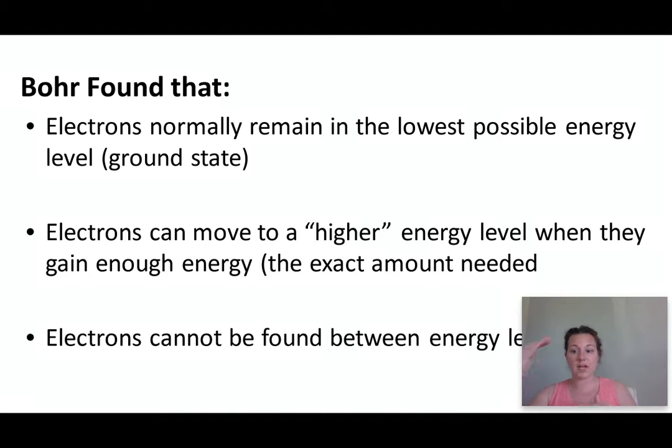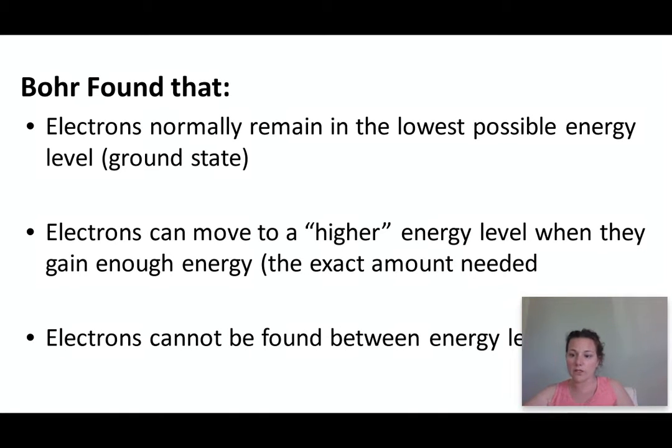They can't jump up and have just not quite enough energy. They have to have the exact amount of energy to get moved into the next energy level. And electrons cannot be found between energy levels. So they have to be in a specific energy level, and to get into the energy levels, they have to have the exact amount of energy needed to get there.